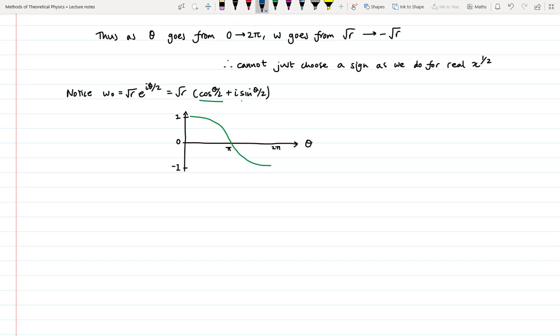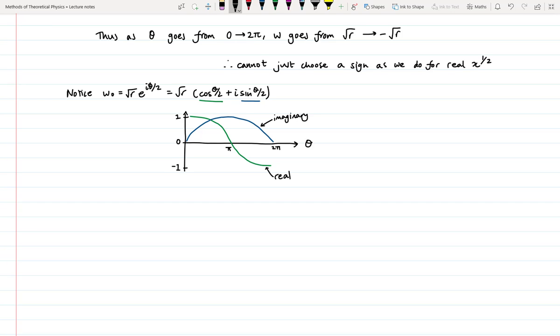Next, let's plot the imaginary component given by sine of theta over 2. Again, this is going to be the sine function, but stretched by a factor of 2. I'll label these curves to make it absolutely clear that this is the imaginary component, and this is the real component, where we factored out square root of r.